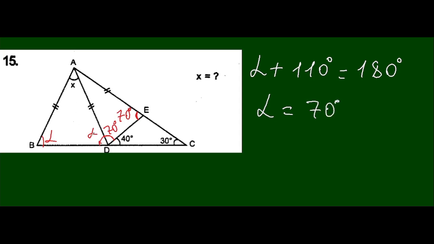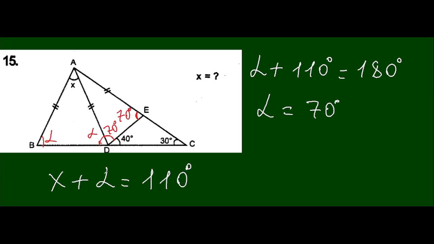So here x plus alpha will equal 110 degrees. X plus alpha is equal to 110 degrees, because in the first term, as I said, the exterior angle is 70 plus 40, so 110 degrees.